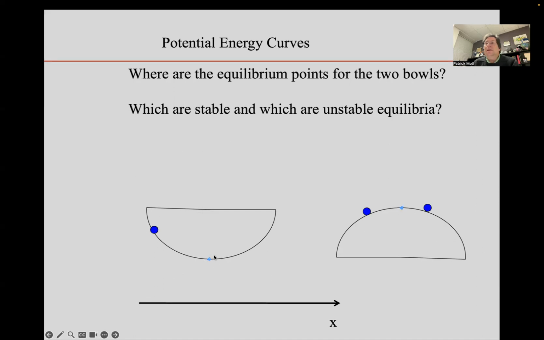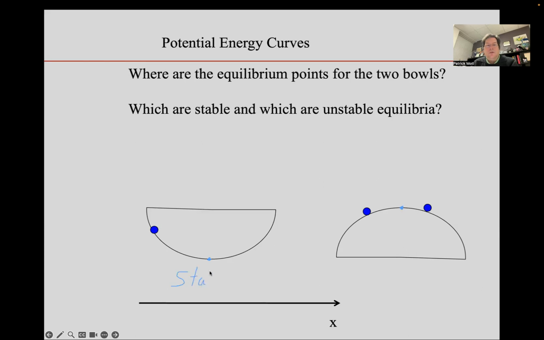If the bowl is concave up, so I'm at a point where the first derivative vanishes, and the second derivative is positive, so it's concave up, then that is a point of stable equilibrium.